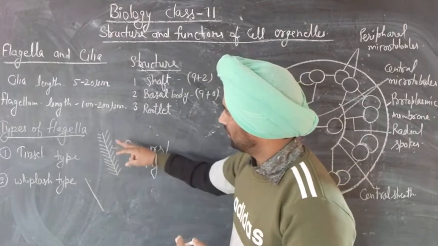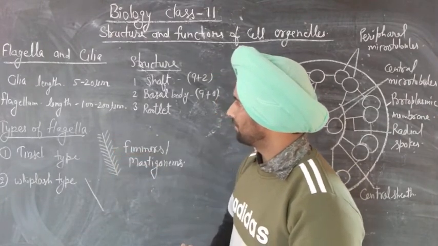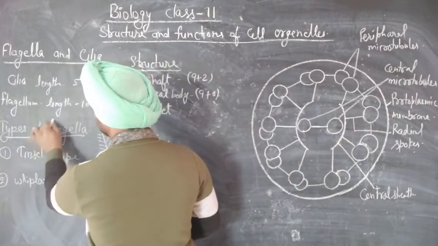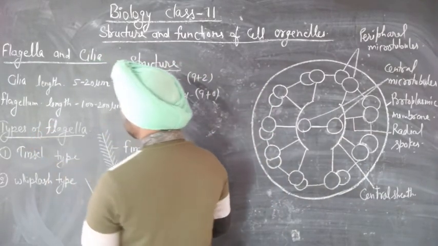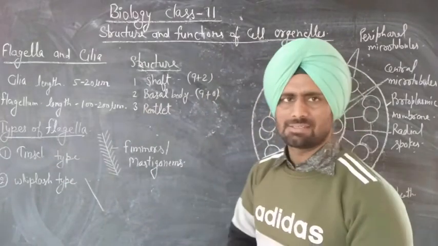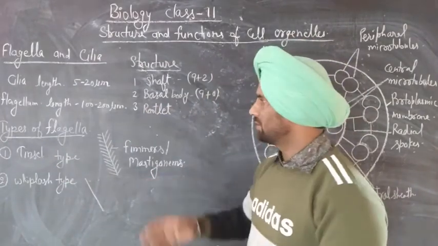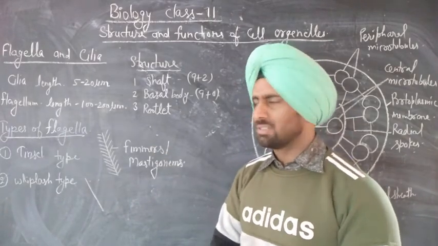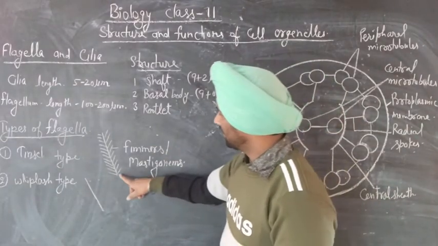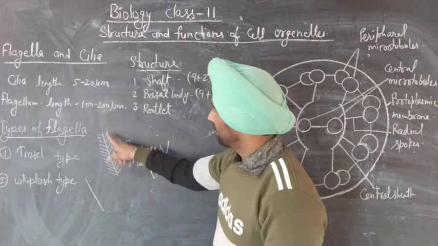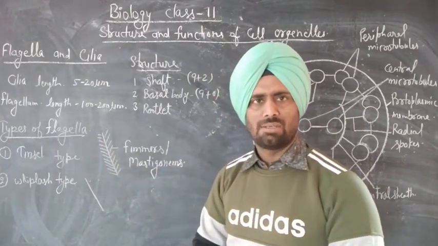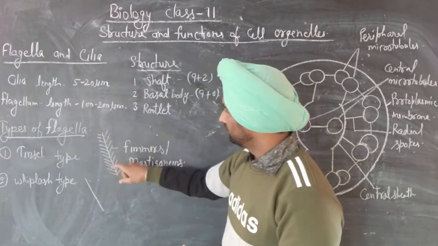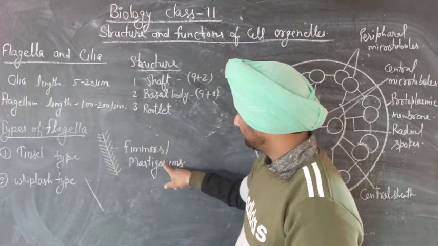Now we are talking about the types of flagellum. All cilia are similar in structure, but flagellum has two types. Some flagellum has lateral hair like structures along the shaft, which are called fimbriae, fimbers, or mastigonemes.